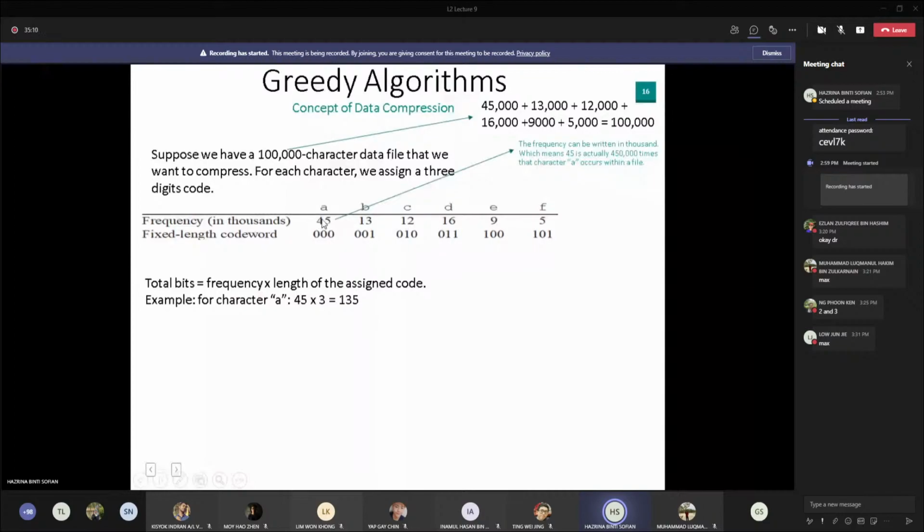So for each character, when we want to compress it, we assign a code word. In this example, it assigns a fixed-length code word.